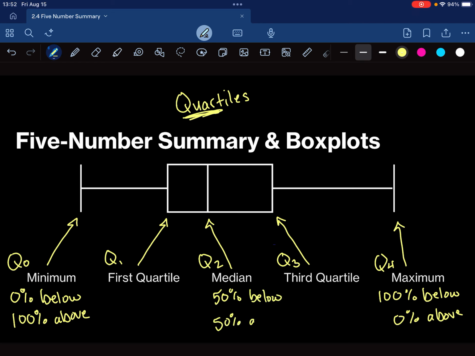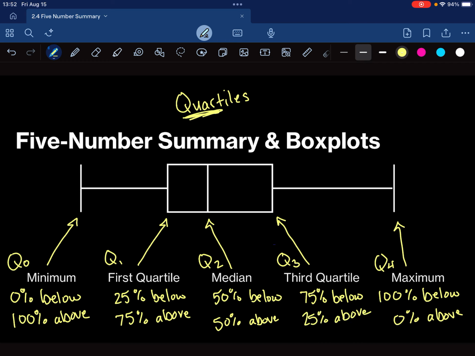And since we're talking about quarters, the first quartile has 25% of the data below it, just like 1/4, and 75% of the data above it. For the third quartile, it switches, so it's got 75% of the data below it and 25% of the data above it.